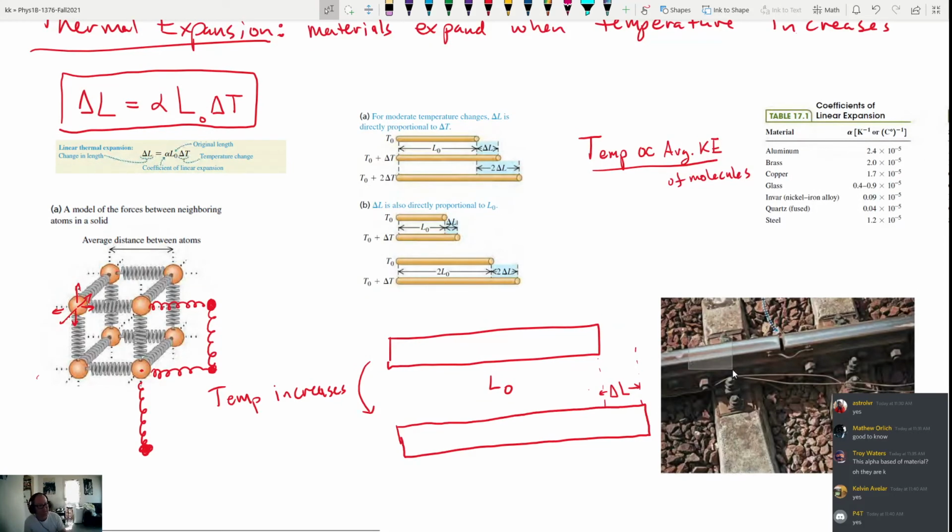And if this piece of track expands and this piece of track expands, there's still a little bit of room in between them so that they don't end up touching each other. Because if it gets really, really hot and this piece of track and this piece of track actually touch each other, then the track itself will have to buckle in order to deal with the length expansion, is the idea.